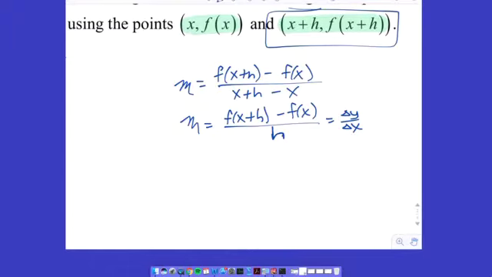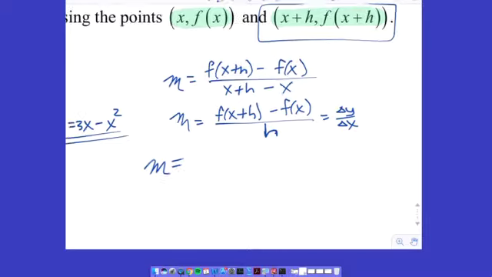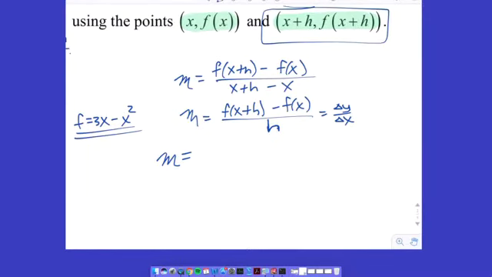Well now, remember your function, f was 3x minus x squared. So now I can set it up. The slope of the secant line between any 2 points, or in terms of the math, the constant x comma f of x, and the other point x plus h, f of x plus h, it's going to be 3 times x plus h minus x plus h squared.